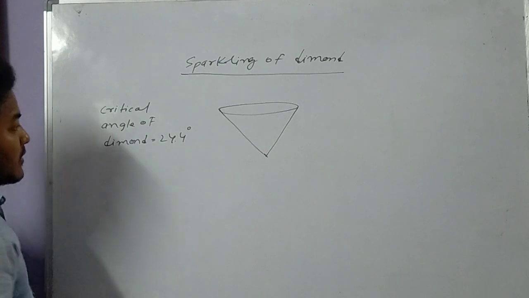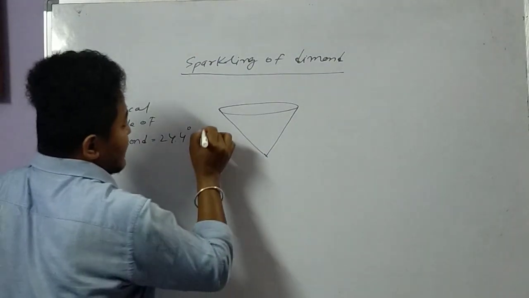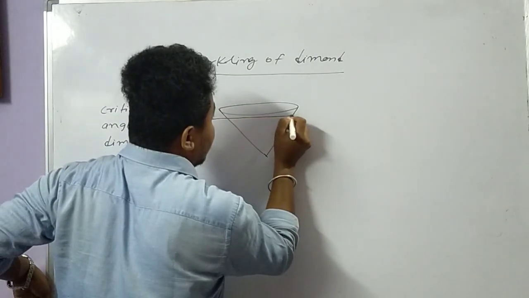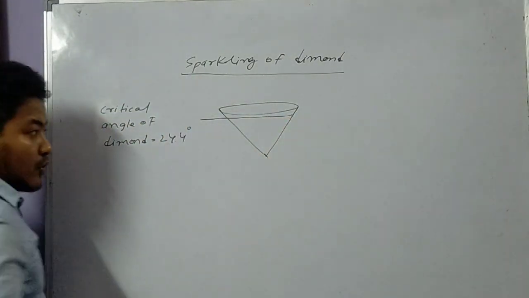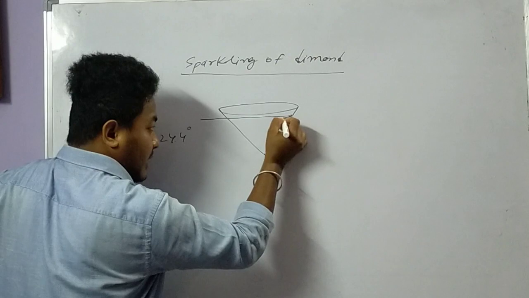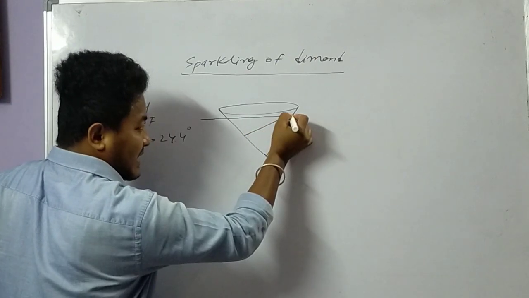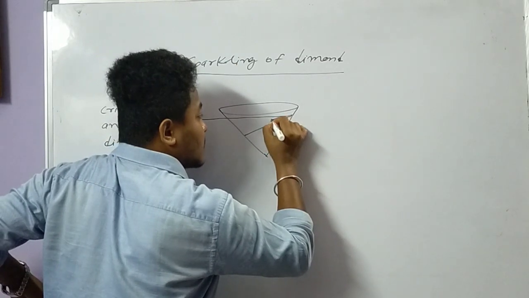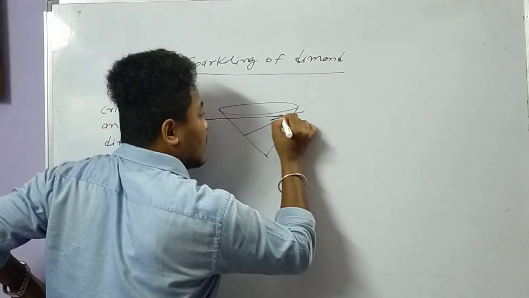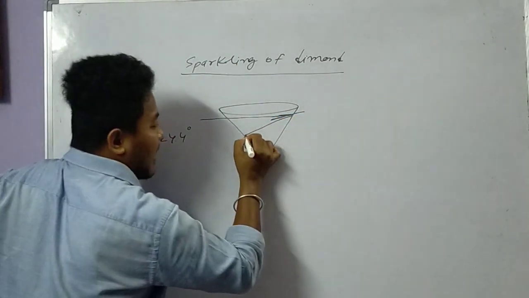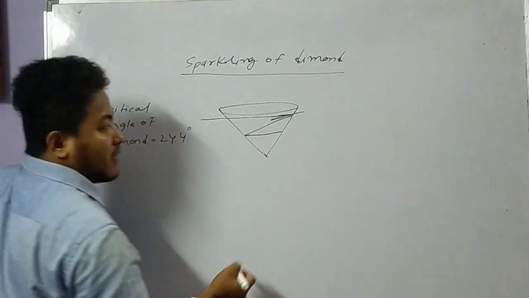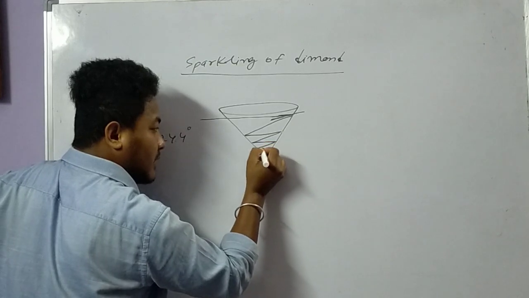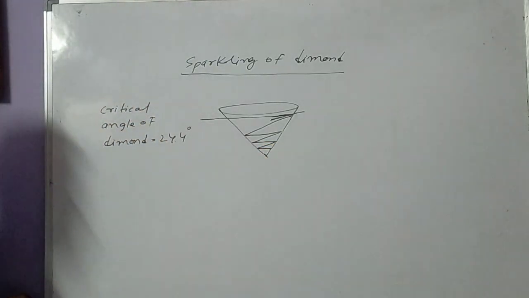If I show you here, suppose a ray enters the diamond like that. There is an angle of incidence, and it is greater than the critical angle, so there will be total internal reflection like that. If you make a normal here, suppose this is the normal, understand now? Again similarly there will be total internal reflection, multiple times like that.